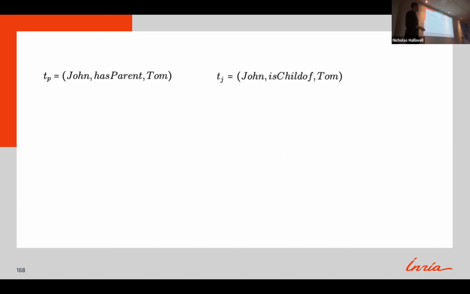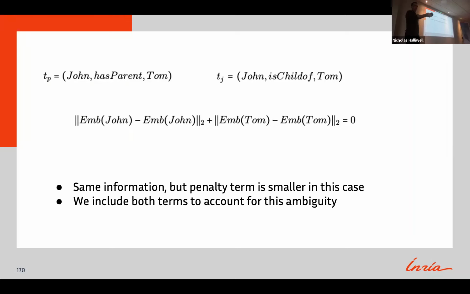However, if you change the explanation triple to John is child of Tom, then this leads to an L2 distance of 0. So we wanted to include both of those terms in the maximum because the information is the same, but the penalty term is different in both of these cases. So we wanted to include both of these to account for this ambiguity.